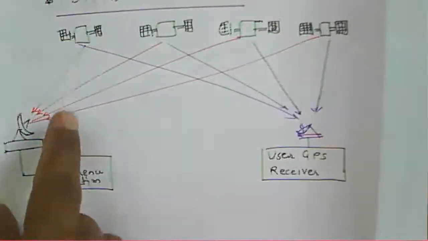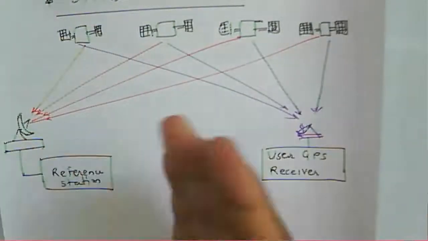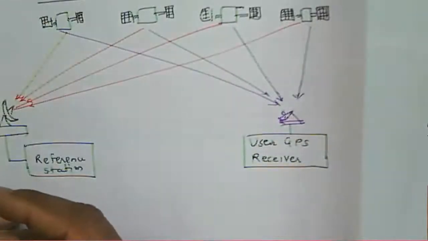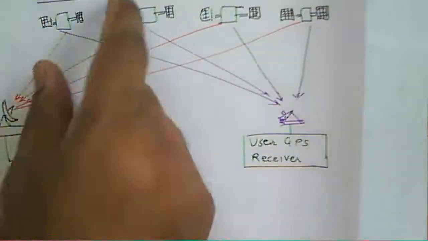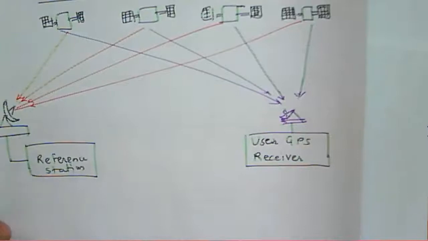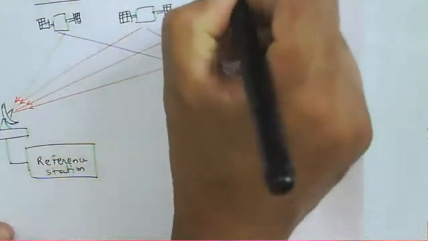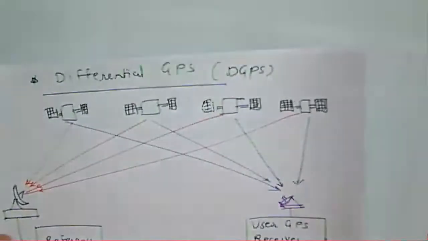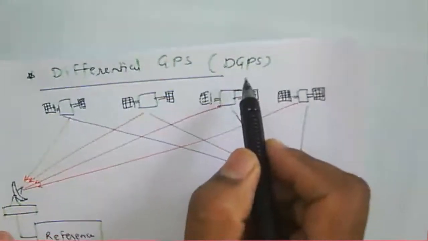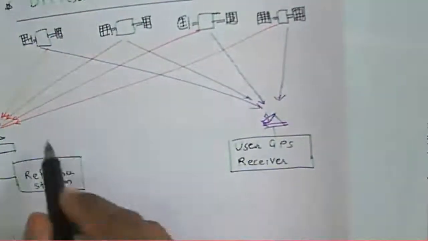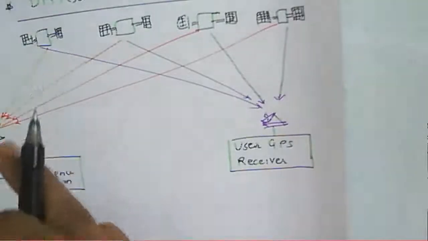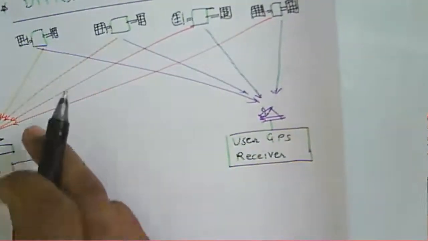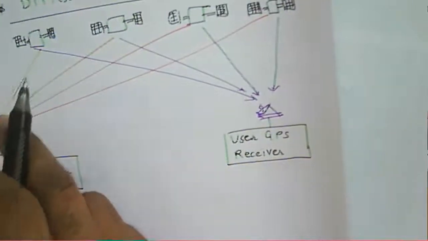As I told you earlier, to eliminate the error, we can introduce the differential GPS system, or DGPS. It has a reference station installed at some particular location, and that reference station will receive a clear signal.